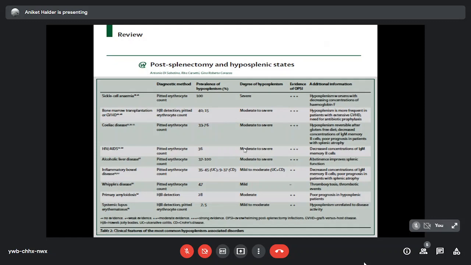The degree of hyposplenism will be more marked and severe in cases of sickle cell anemia, because there will be autosplenectomy in these patients. It's usually moderate to severe in other diseases, and usually mild in Whipple disease and in autoimmune diseases.